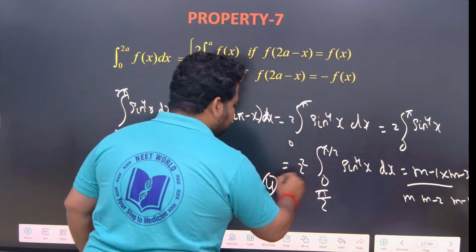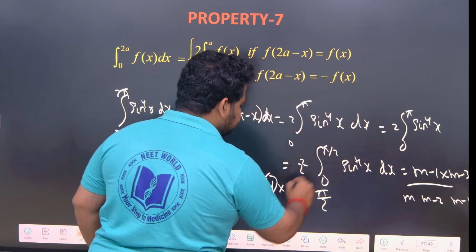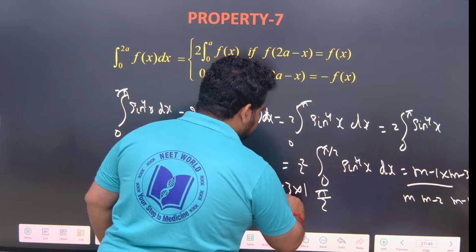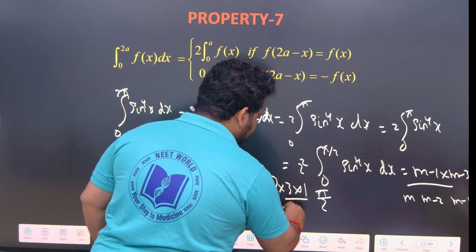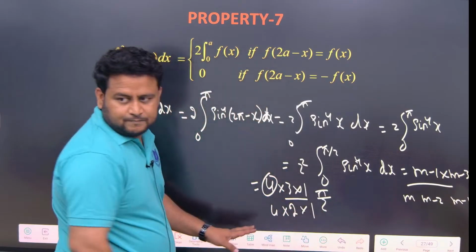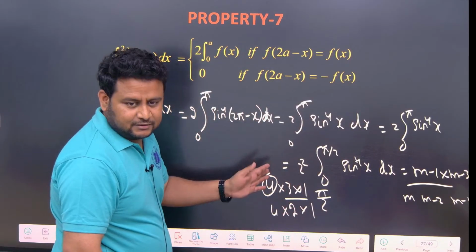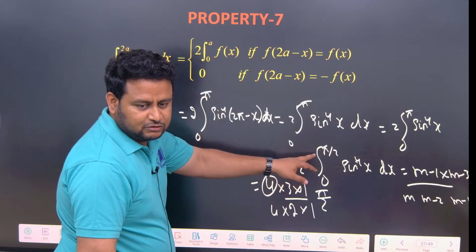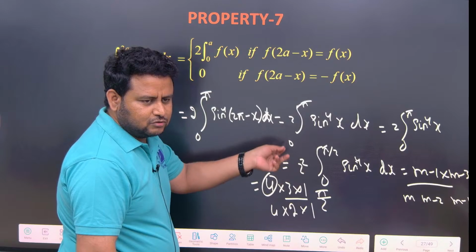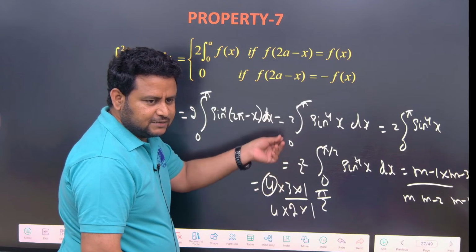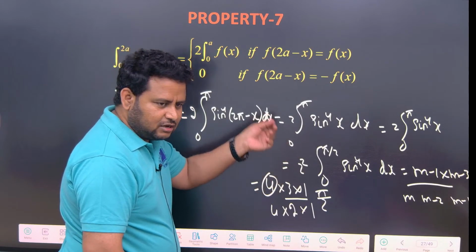So this will become 4 minus 1, that is 3, into 1, divided by 4 into 4 minus 2, that is 2, and so on. I will explain this Wallis formula again. Here I can use the Wallis formula: for 0 to pi by 2 with sin power mx, cos power nx, or sin power mx cos power nx, I can use the Wallis formula.